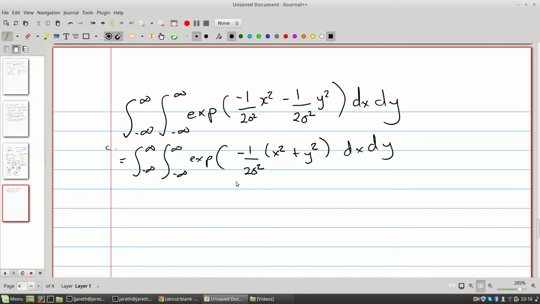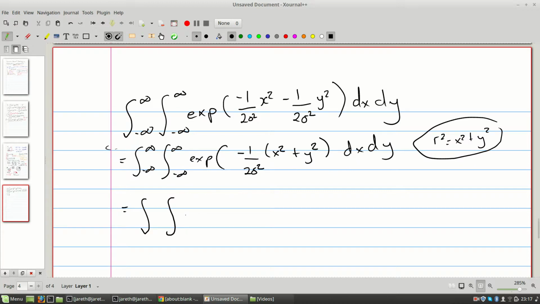But now we're going to make that substitution that I was just talking about a moment ago. So we can actually express this, and I'm not going to write the limits of the integration right now because they're going to change. But we said r squared is equal to x squared plus y squared, right? Just before. So what we can do is replace this with r squared, but since we're going to be integrating with respect to r and d theta, we should make sure to add that r value.